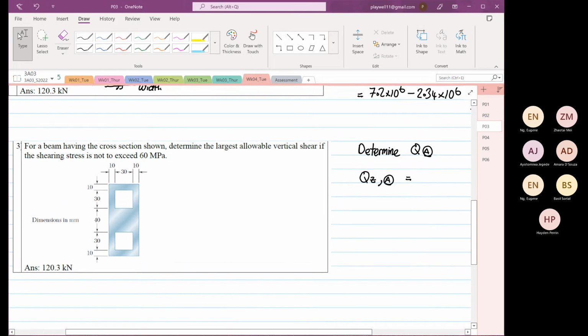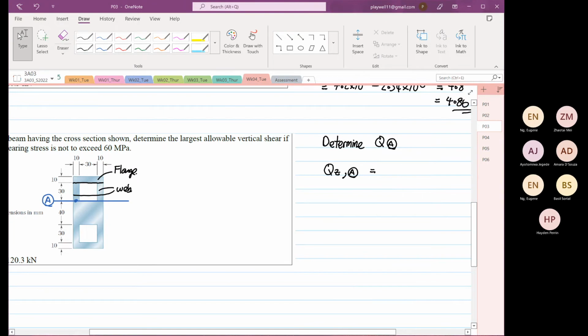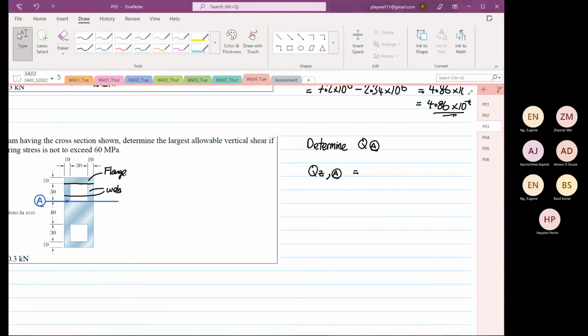Okay, so this is where we want to find at point A. We are going to divide this. I'll call this our flange, and then these two regions are our web.